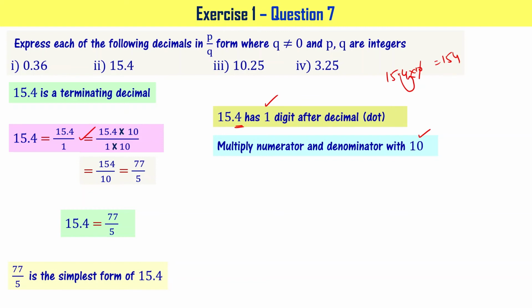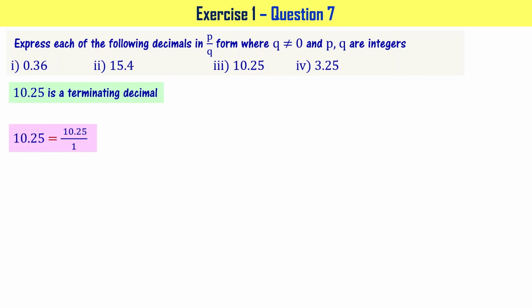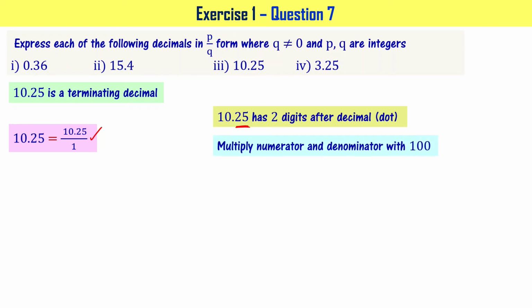Let's look at the third part, that is 10.25. It is also a terminating decimal that can be written as 10.25 divided by 1. You have 2 digits after the decimal point. That's why we are going to multiply both numerator and denominator of this ratio by 100, which has got 2 zeros.